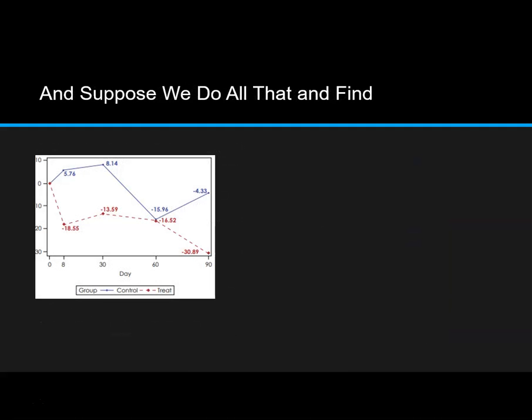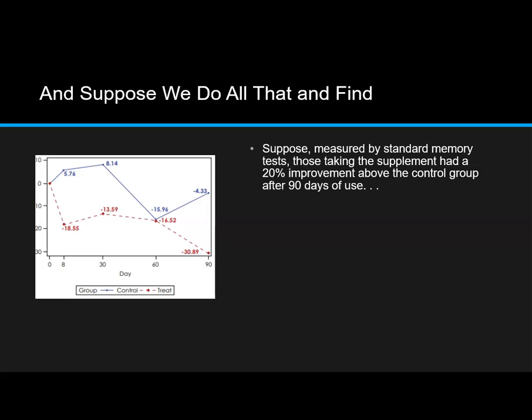And suppose we do all that, and we find, measured by standard memory tests, that those taking the supplement had a 20% improvement above the control group after 90 days of use. Does that mean the supplement caused the improved memory performance?